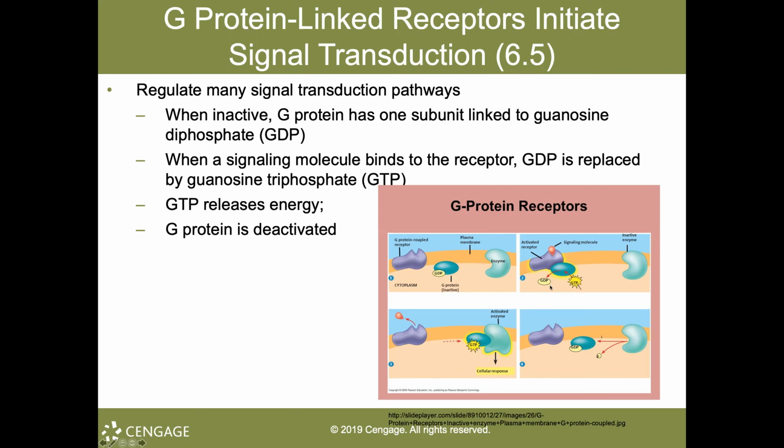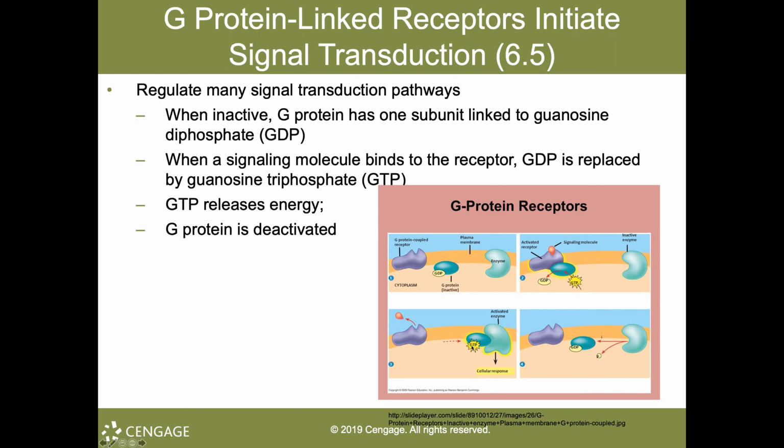All right, so the GDP gets removed and replaced by GTP. Now the active G protein can go on to activate its target. And what we'll learn is that one of the targets for the active G protein is adenyl cyclase.